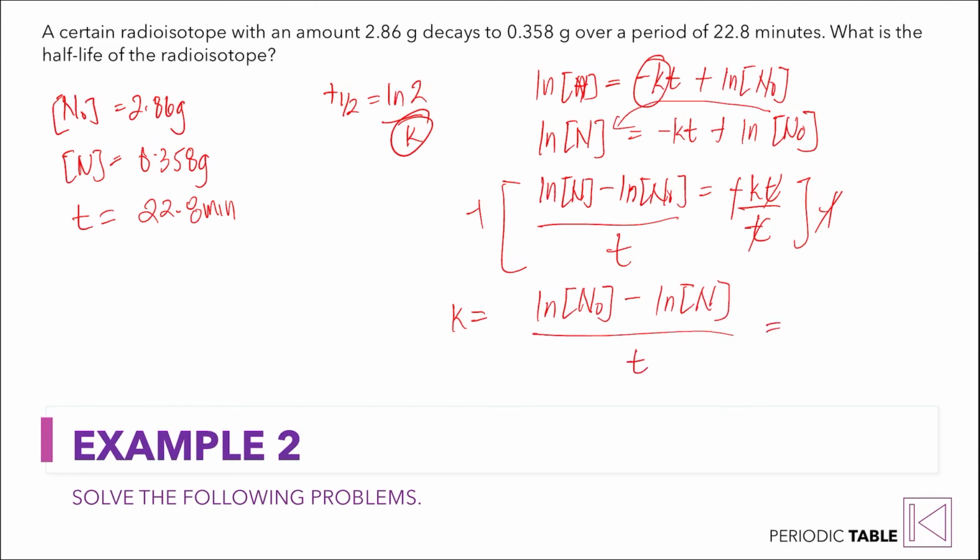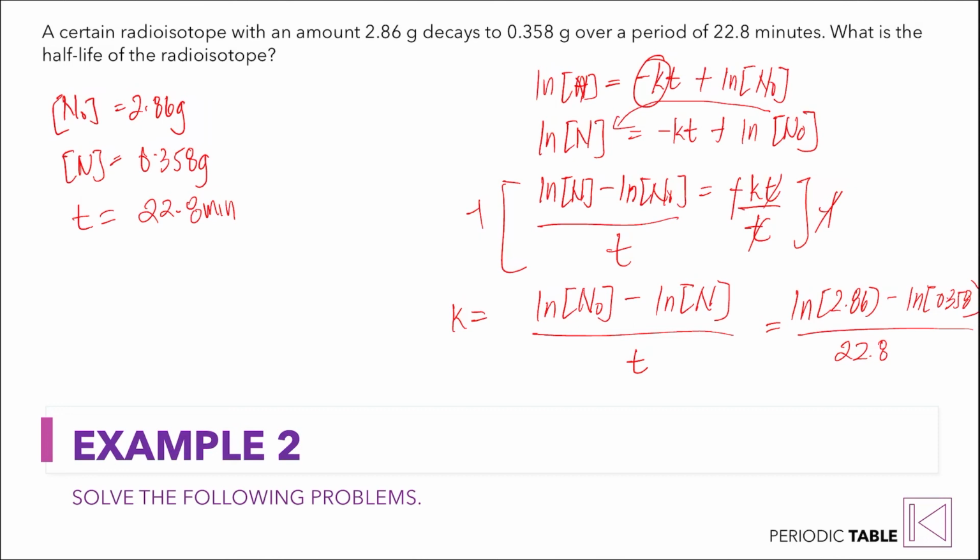So ln n0, ln 2.86 minus ln 0.358, time is 22.8. I-rewrite natin dito.